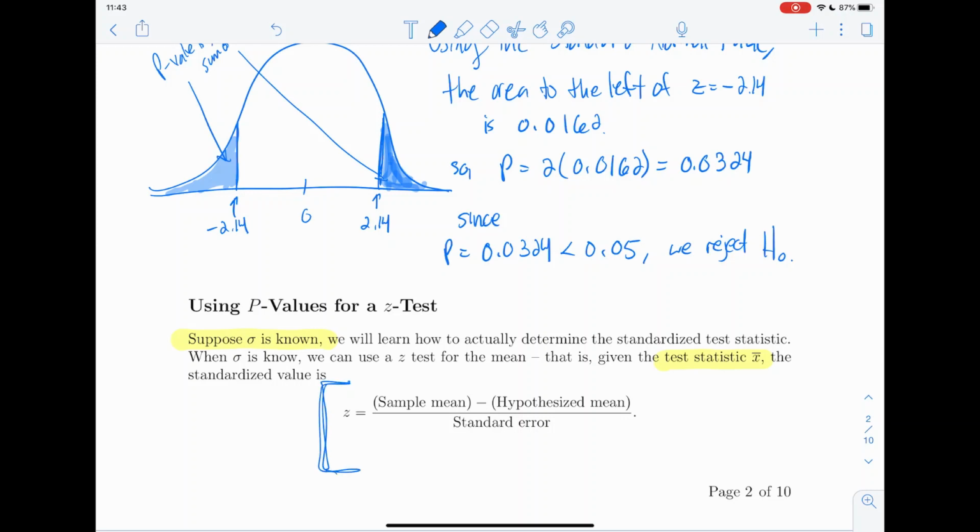It's going to simply be x bar minus the hypothesized population mean mu, all over the standard error, which we might recall is sigma over the square root of the sample size.